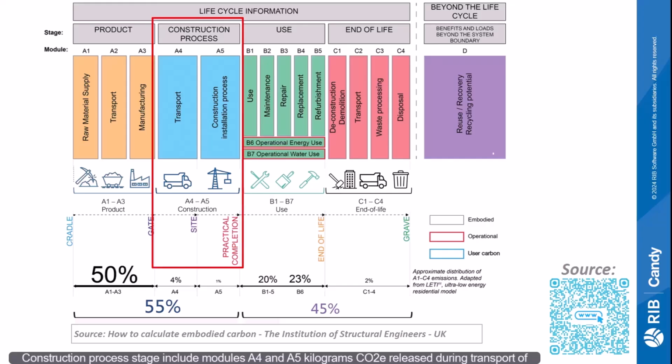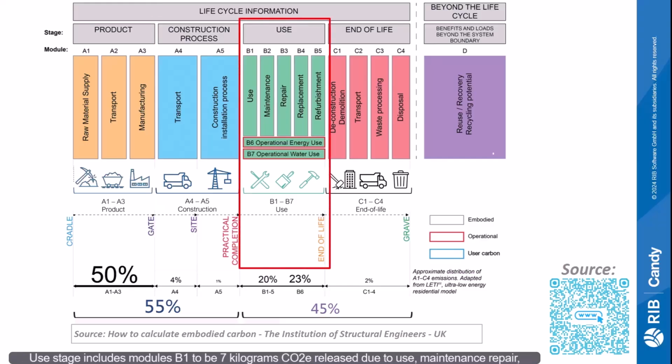Construction process stage includes modules A4 and A5, kilogram CO2e released during transport of materials and products to site, the energy usage due to activities on site, like site huts, machinery use, etc., and the kilogram CO2e associated with the production, transportation, and end-of-life processing of materials wasted on site.